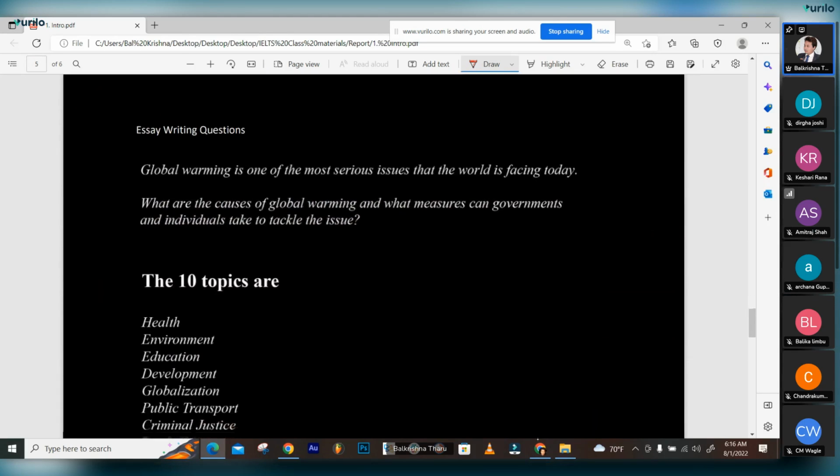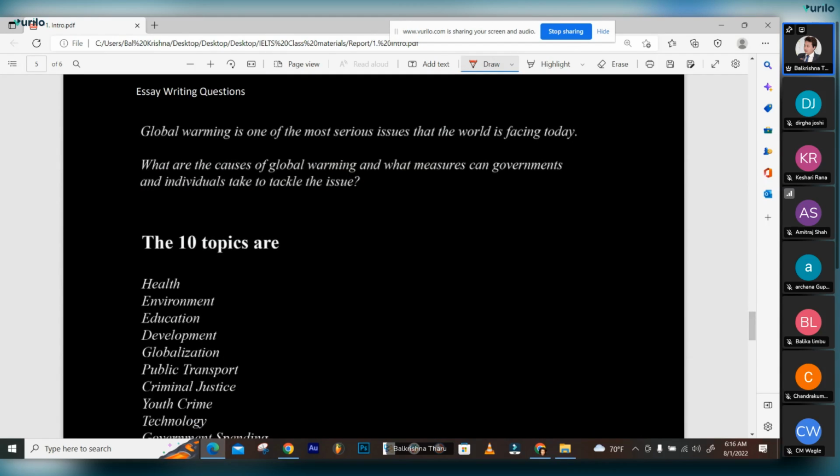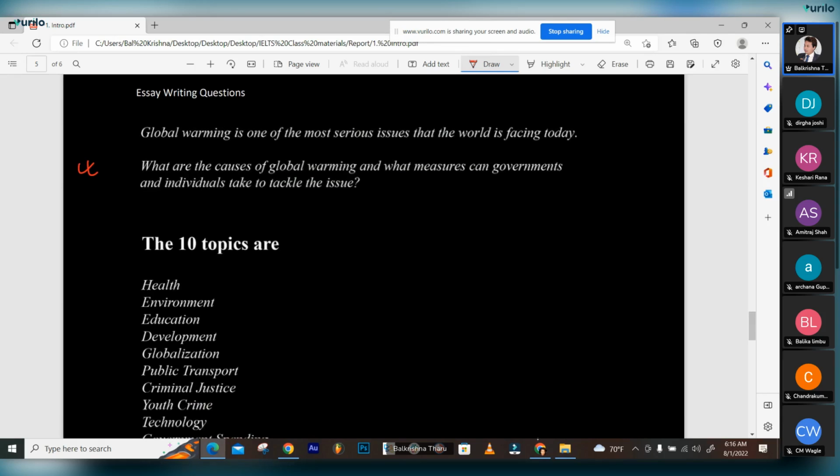So here are some important issues that are important for us to understand. Here is a sample essay question. Global warming is one of the most serious issues that the world is facing today. What are the causes of global warming, and what measures can governments and individuals take to tackle this issue?